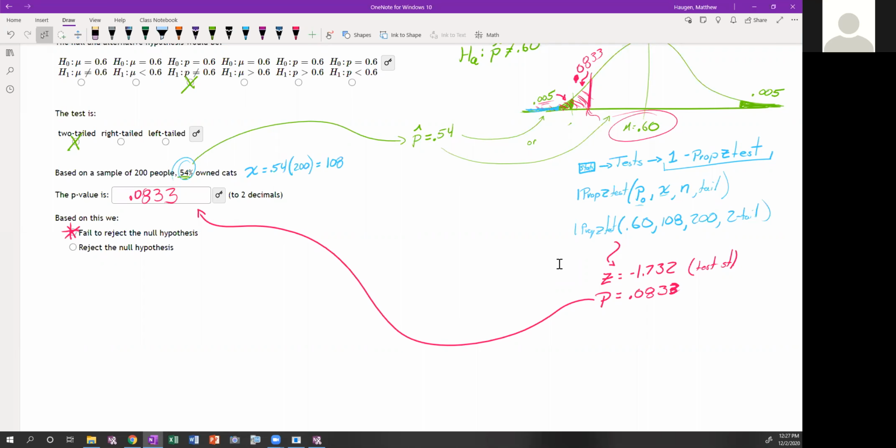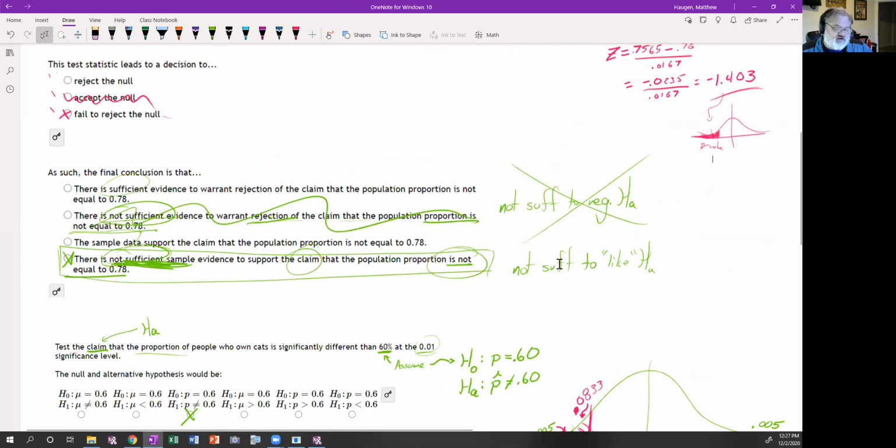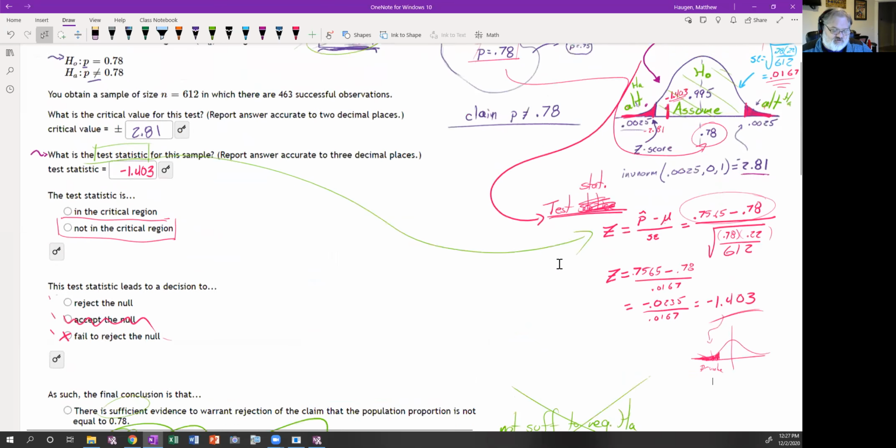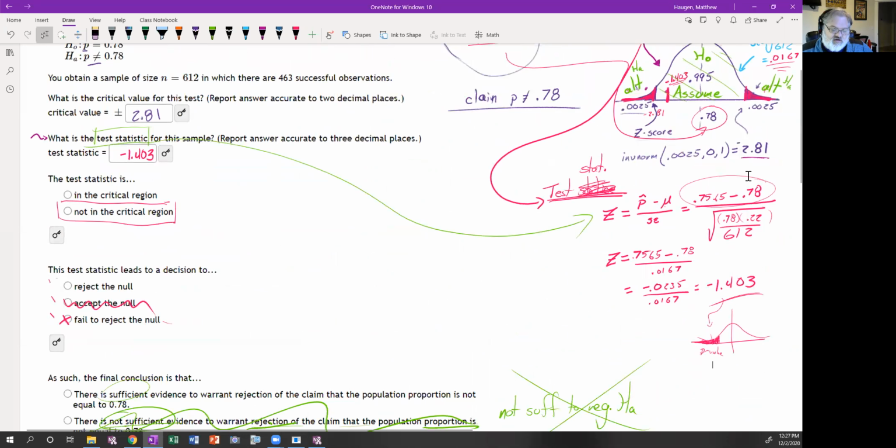Yeah. And it has a big advantage in terms of the z-score comparison, kind of comparing the 2.81 to the 1.4. It's pretty easy to go, well, oh yeah, the 1.43 is a lot smaller than the 2.81.